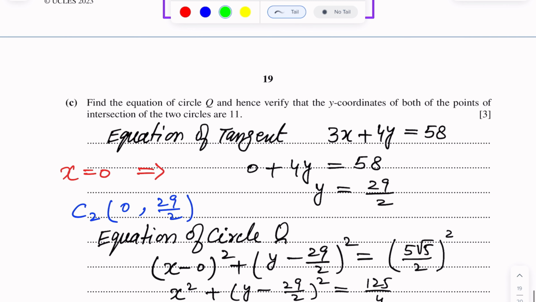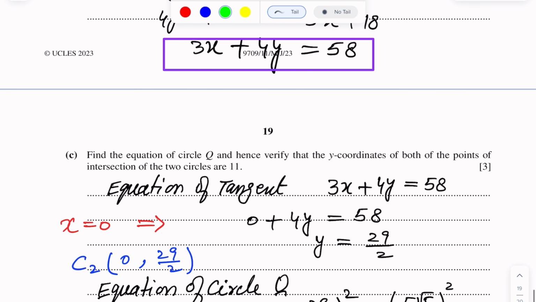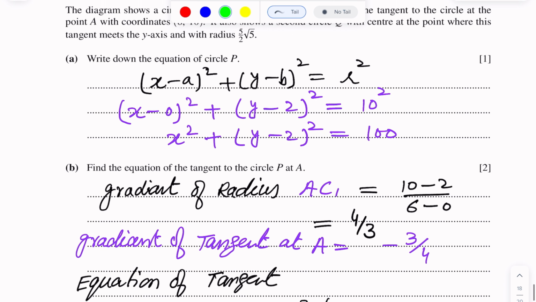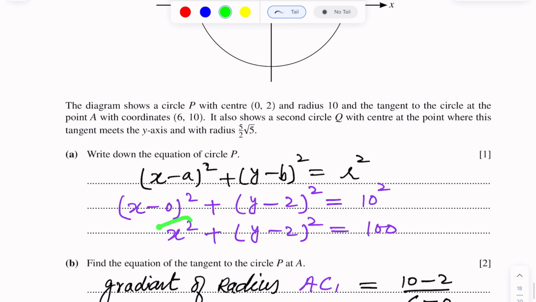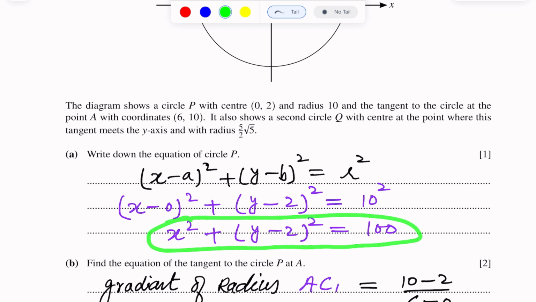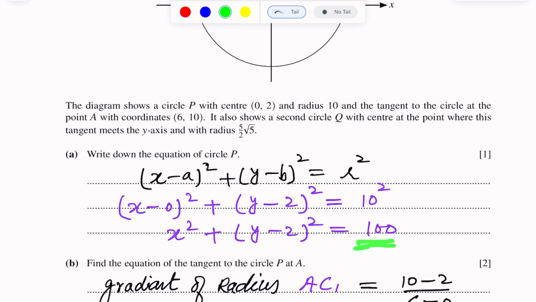The equation of circle P we have already found: x square plus y minus 2 whole square is equal to 100.